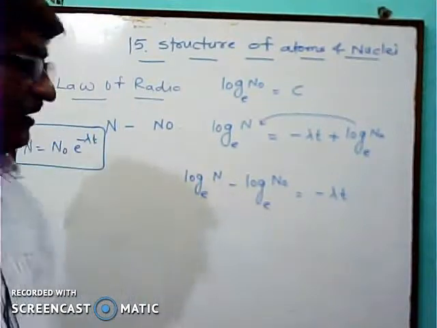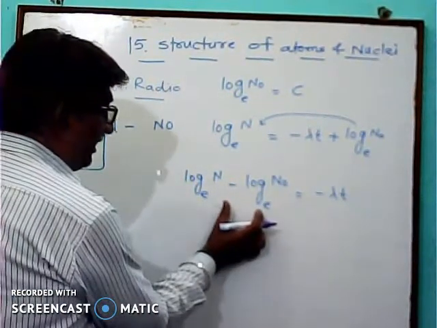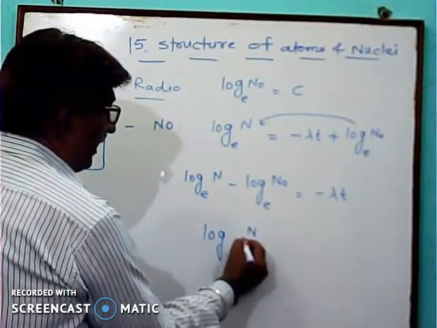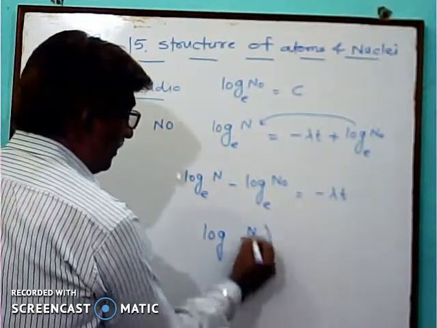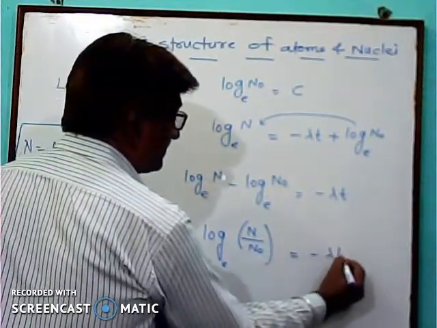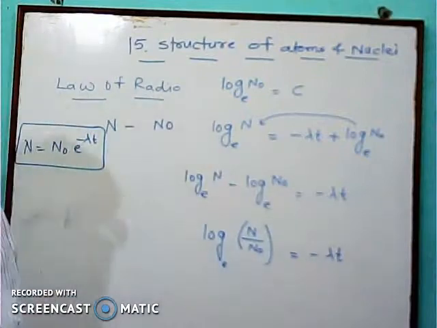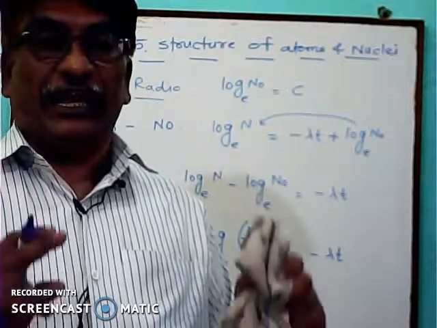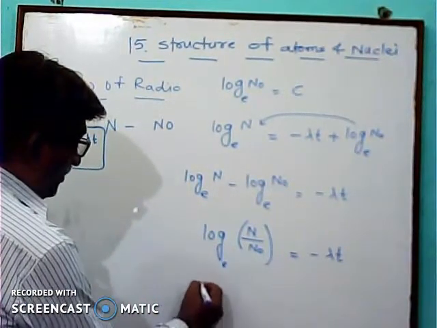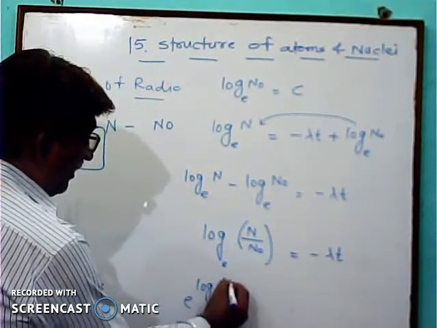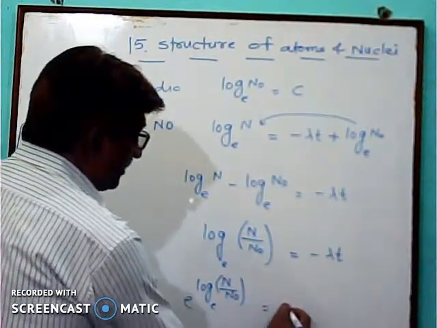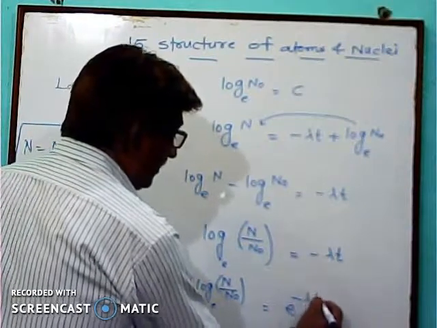We know the formula, so log of N upon N0 to the base e is equal to minus lambda t. If we take the exponential on both sides, the exponential of log of N upon N0 to the base e is equal to e raised to minus lambda t.